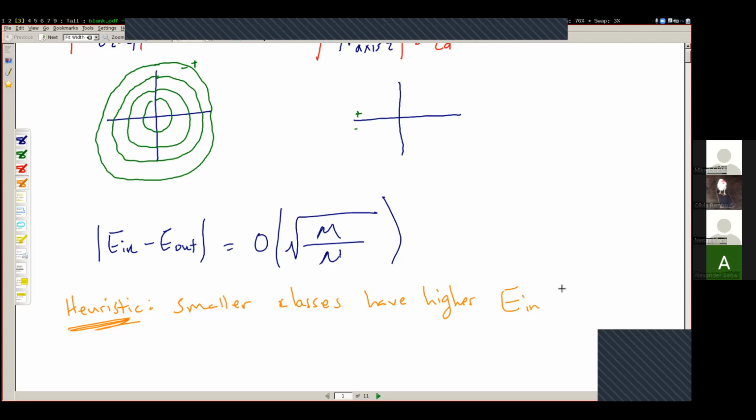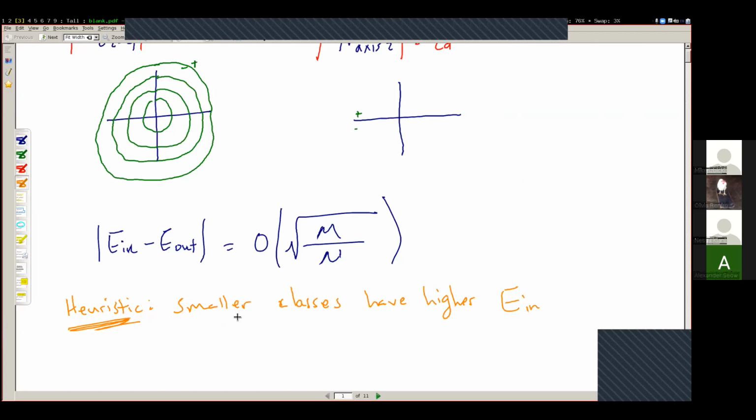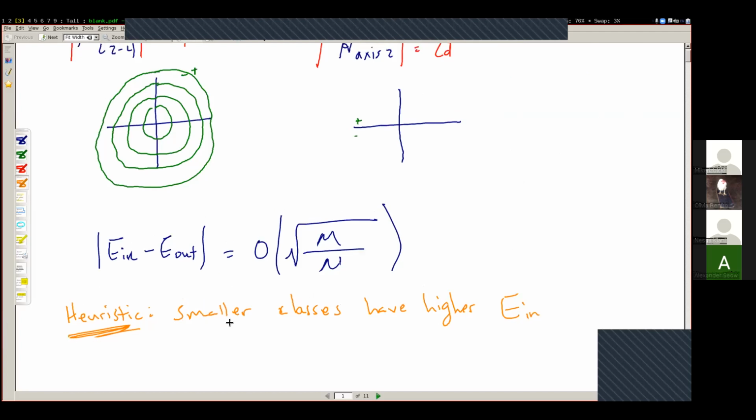And we'll formalize this here in a second to see exactly what are the situations where it holds and doesn't hold. But it's important that this is just a heuristic and not a fact that you can rely upon. And over here, it's specifically talking about being guaranteed to hold. And so we can't rely on the heuristic for things about guaranteed.